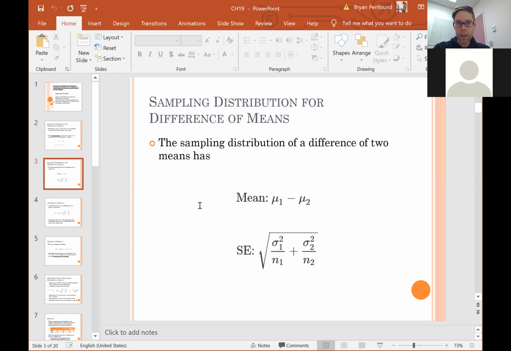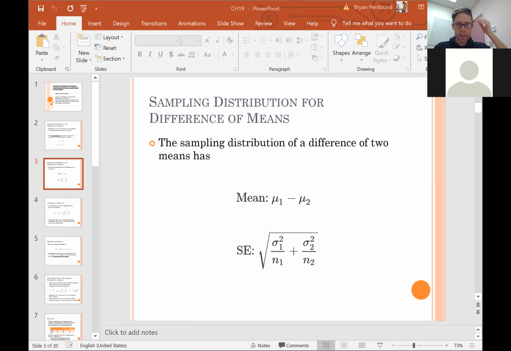And then we have a standard deviation, which we call the standard error, that looks like the following square root. It's very similar to the singular standard error, which I believe was just sigma over square root n. In this case, we just have to add in the secondary subpopulation standard deviation to get an updated standard error. This measures the spread for our sampling distribution.